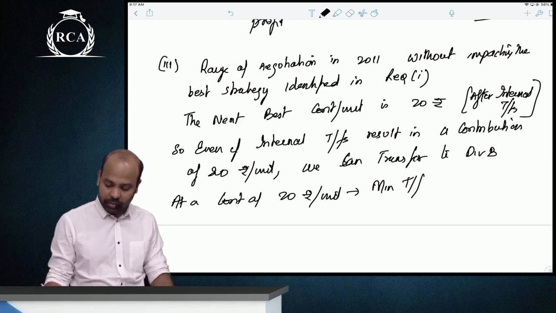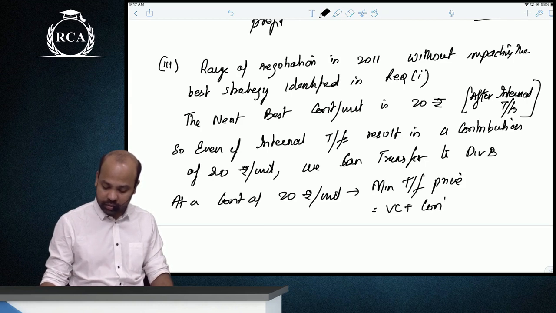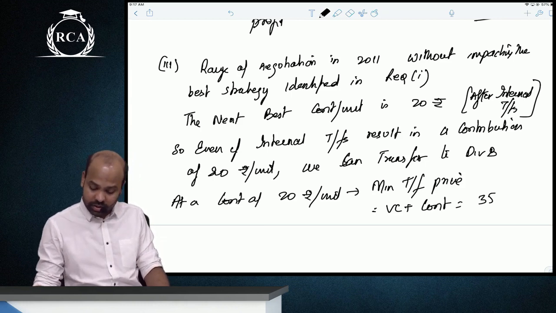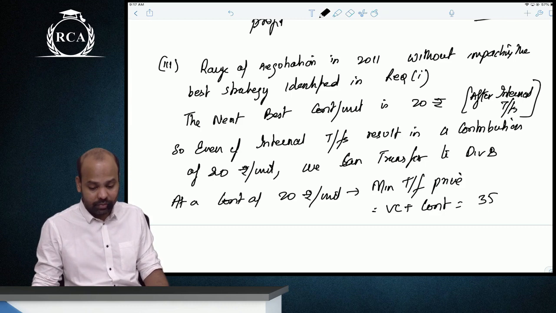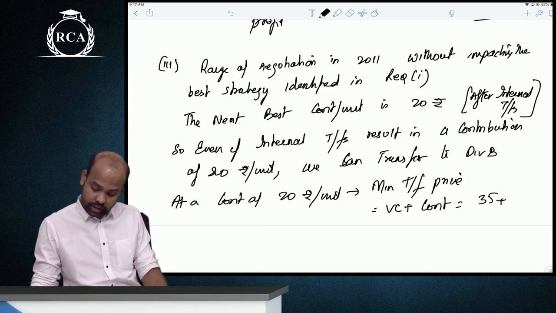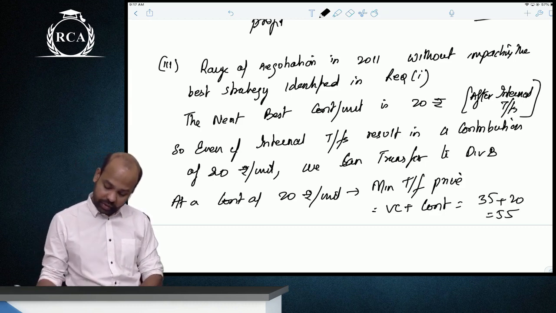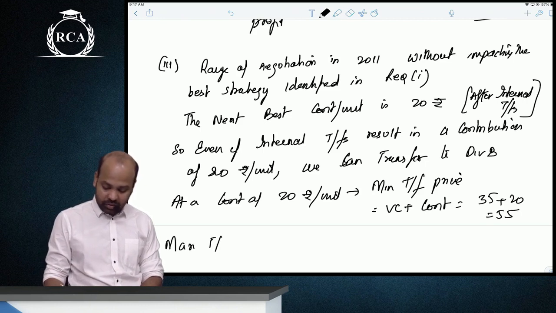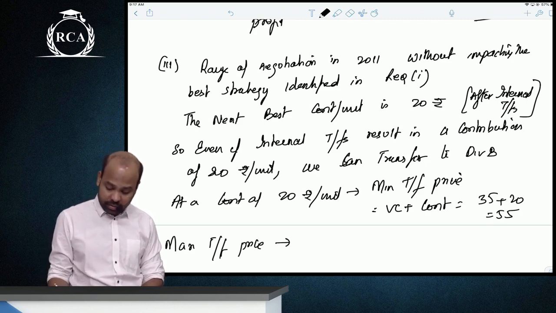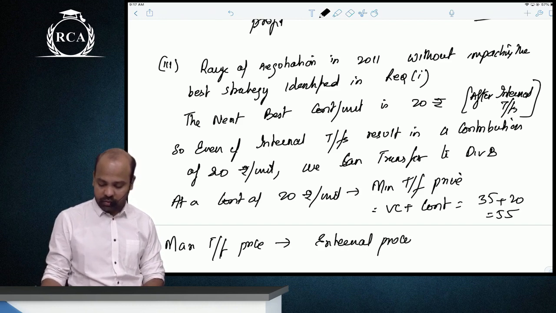Minimum transfer price would be your variable cost plus contribution. Variable cost is 35, plus 20. This would be 55 rupees. Maximum transfer price is the external procurement cost for division B, and that is 60 rupees.